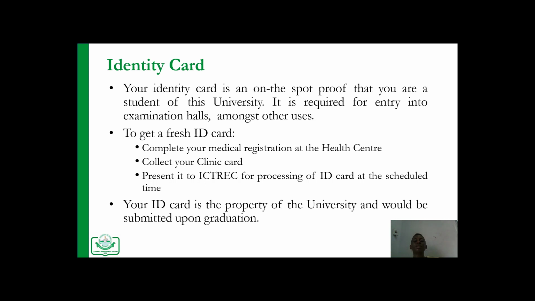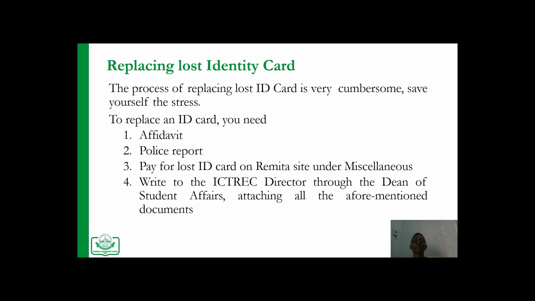At the ICT rec center, on the notice board, you will find the days scheduled for departments, so you are expected to verify the date scheduled for your department and then present the required documents and information at the specified time. Your ID card is the property of the university and should be submitted upon graduation.